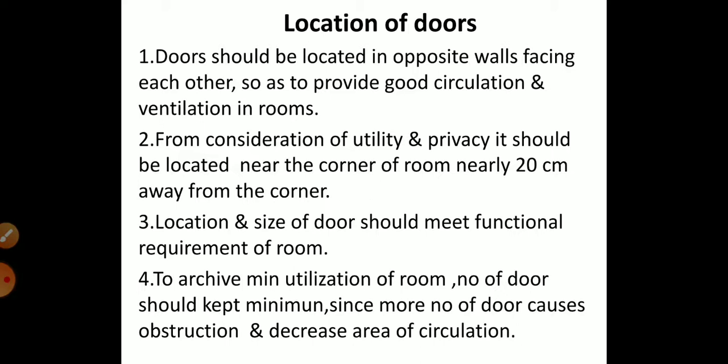The size and location of the door should meet the functional requirement of the room, meaning whether it is for a living room, bedroom, studio or office, depending on the room. Also, to achieve the maximum utilization of the room, the number of doors should be kept to a minimum, since a larger number of doors causes obstructions and decreases the area of circulation.